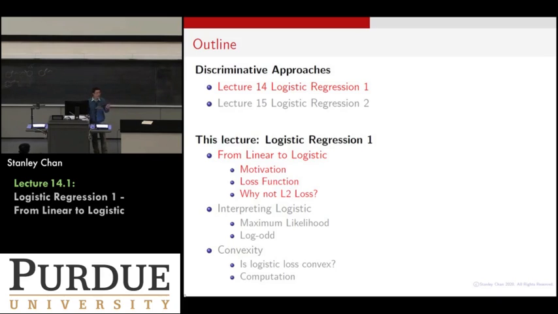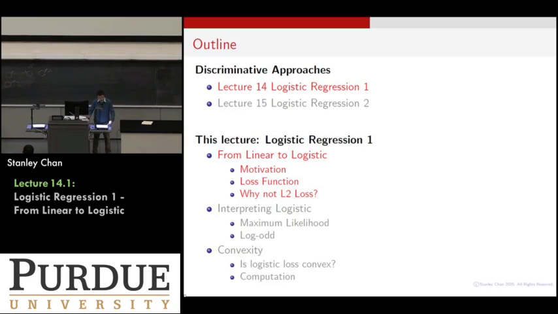Now, if you ever have any experience in deep neural network, you know that there's a thing called a cross entropy loss. It's one of the most popular loss functions that you can ever choose. So we want to understand the origin of this cross entropy loss. It actually comes from this logistic regression. And then we want to ask, why not use L2 loss? Okay, so there are some difficulties with the L2 loss.